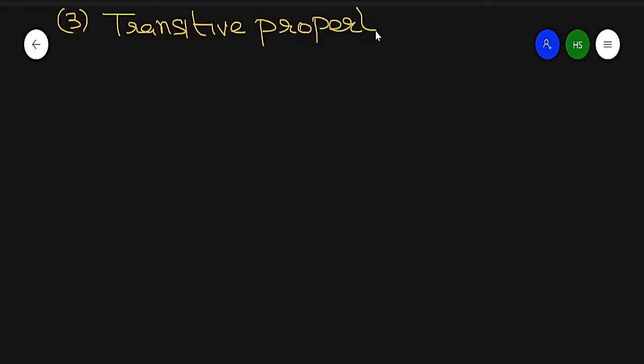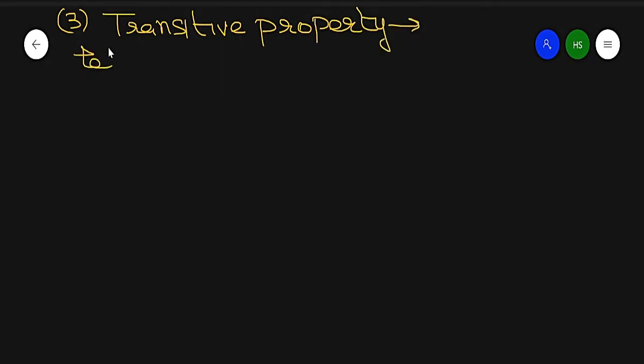After that, the third property is called the transitive property. What is the transitive property?